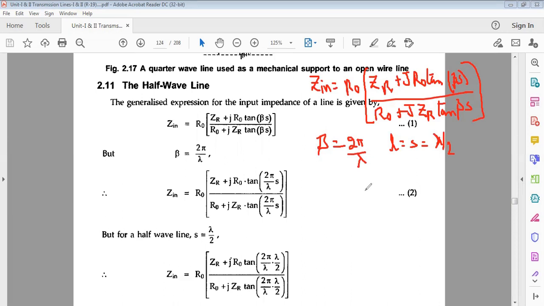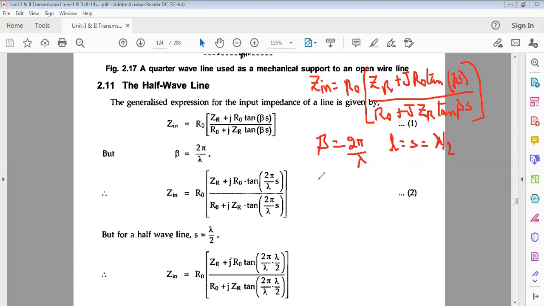Previously, we considered lambda by 4, which is a transform of the impedance matching. And before that, for the lambda by 8 length transmission line, Zin is equal to R0. Now it is Zin is equal to R0 squared by ZR.